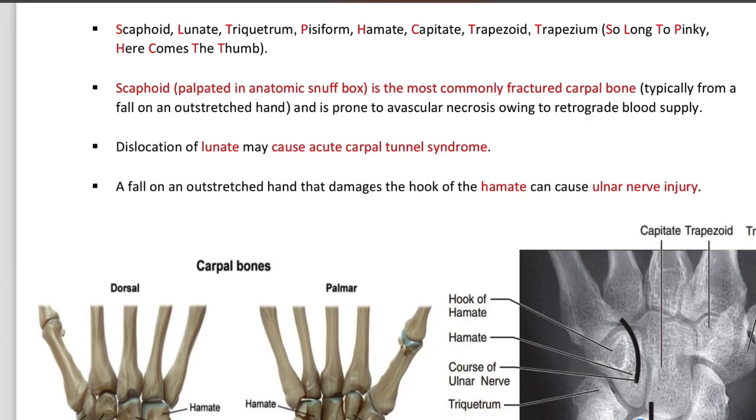In lunate dislocation, median nerve compression will happen, we see the spilled teacup sign, and we have to do urgent reduction. In hook of hamate fracture, ulnar nerve symptoms may need surgical excision, and in boxer's fracture, fifth metacarpal neck, splint or surgery if severe. I hope this clears up wrist injuries for you.